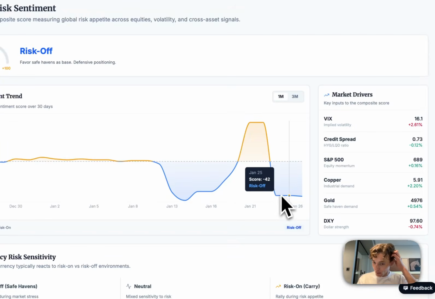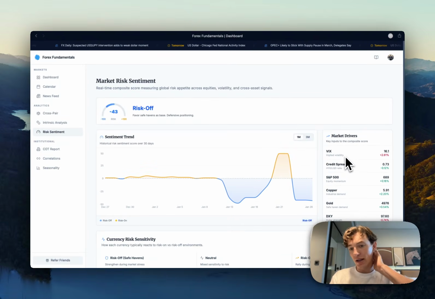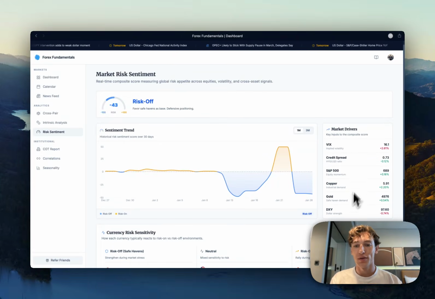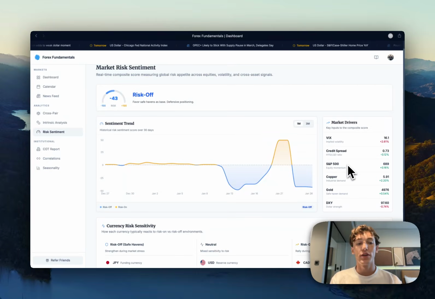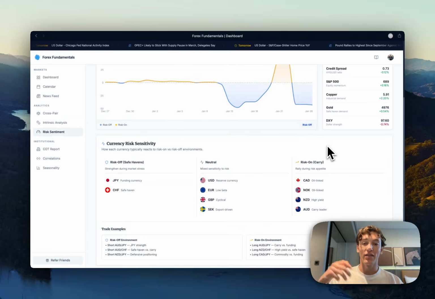And now we saw a big risk off swing again, likely due to the drivers, like VIX, copper, gold, and the dollar. S&P swinging a lot because of geopolitical tensions, news, and yeah, it's always good to know like, hey, what kind of market are we in?